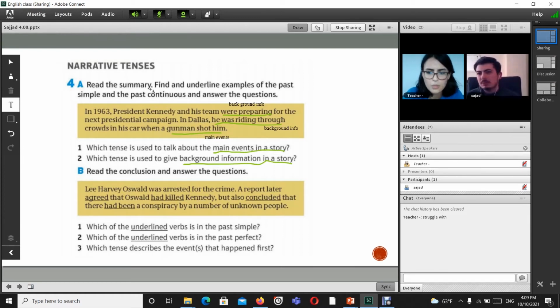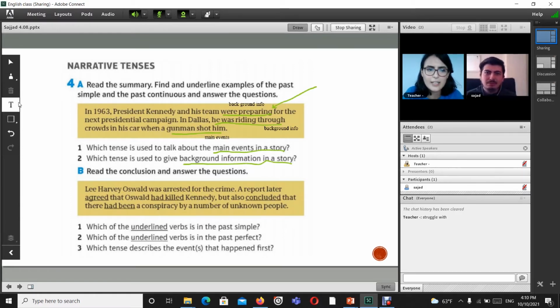Good. So what is the tense? Can you help me? When I want to give background information, what tense do I use? Is it present simple, past continuous, past perfect? Past. We were preparing.